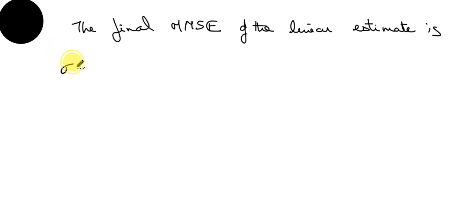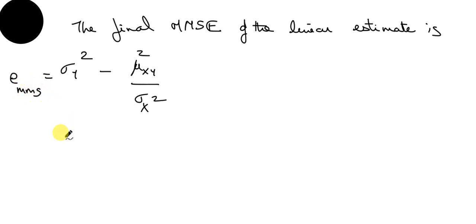sigma y squared minus mu xy squared divided by sigma x squared, which I denote by EMMS. So here when we move on, what are these values?